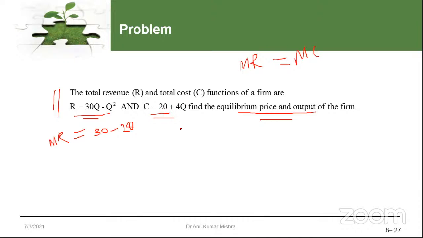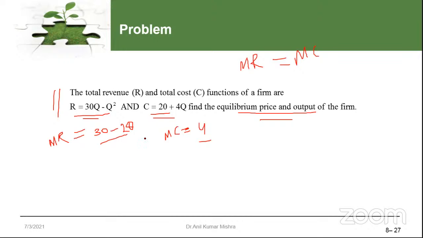This is the total cost. Take the derivative of 20 plus 4q. The derivative of the constant 20 is 0, and the derivative of 4q is only 4. Now we have found the marginal revenue and marginal cost. Just by equating these, we find the equilibrium price and output.